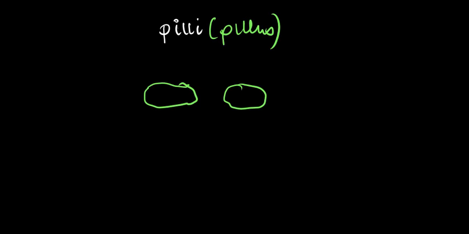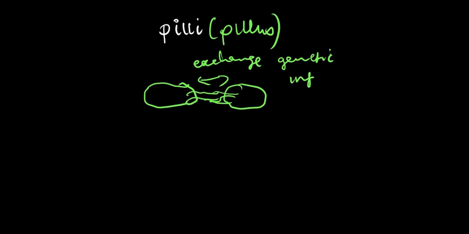This is pili that projects onto another bacteria, and this is the way bacteria is able to exchange genetic information. So bacteria exchanges genetic information, thereby undergoing reproduction.